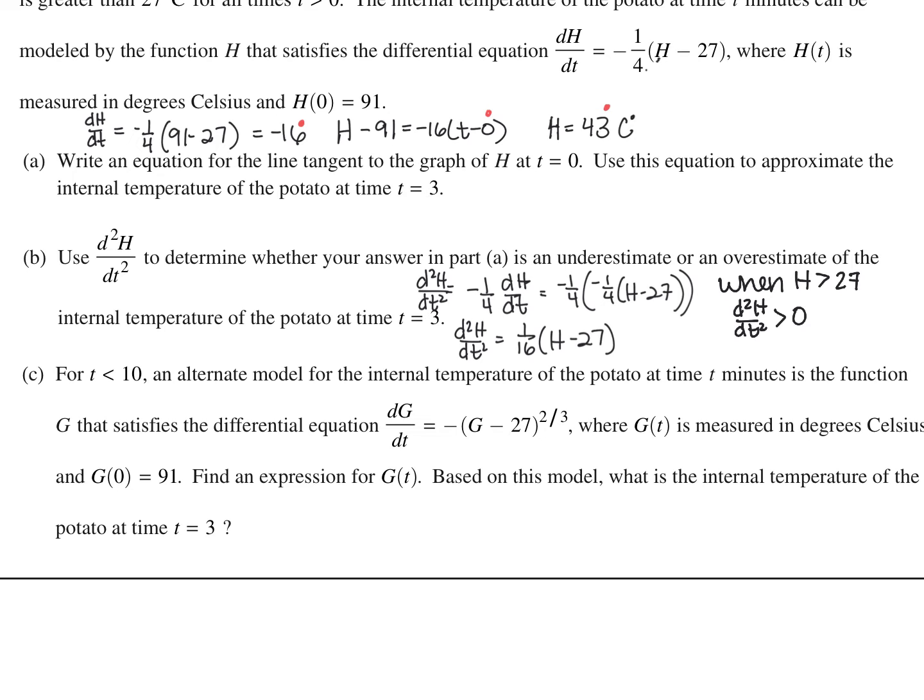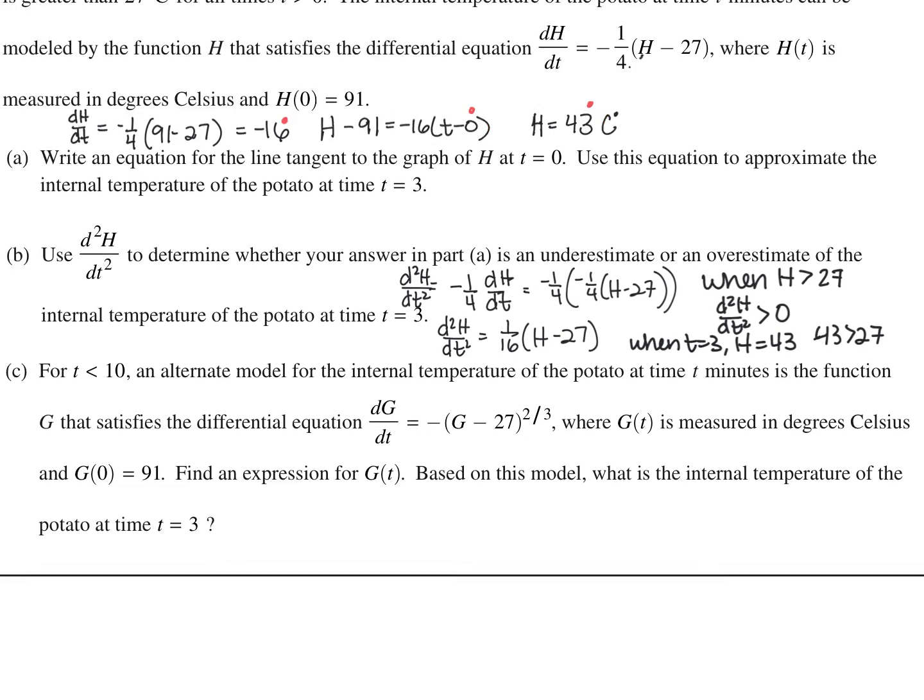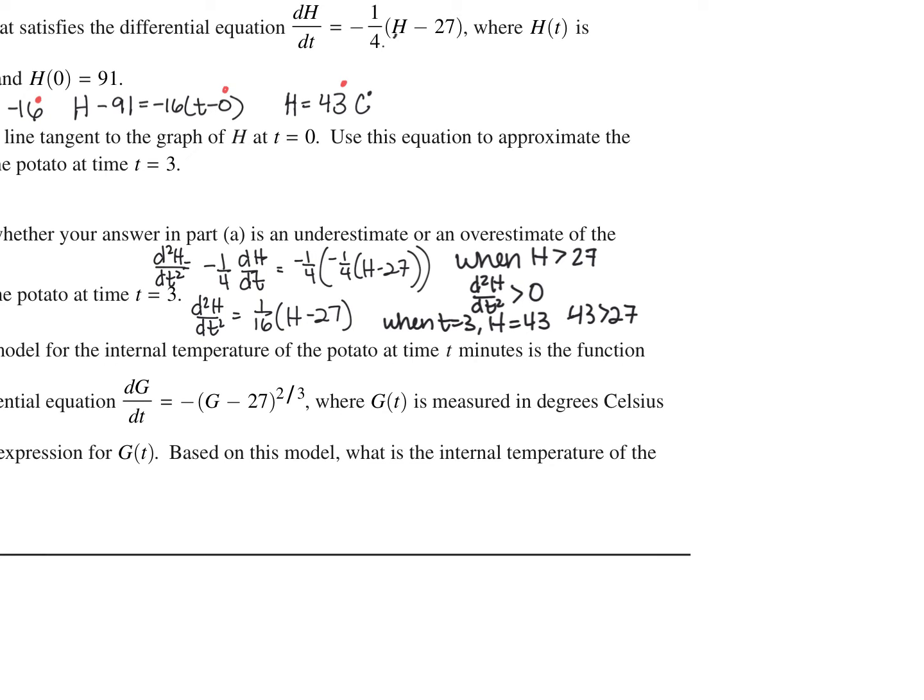Correct? When t equals 3, we know h equals 43, and 43 is greater than 27, correct? So therefore, this graph has to be concave up because the second derivative would be greater than 0 there. And since it's concave up, this will be an underestimate.